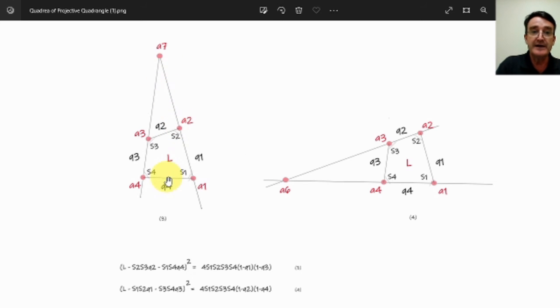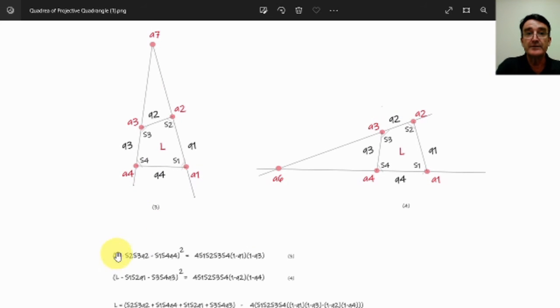And this quantity here, S1, S4, Q4, is the quadreal of this projective trilateral A1, A7, A4.